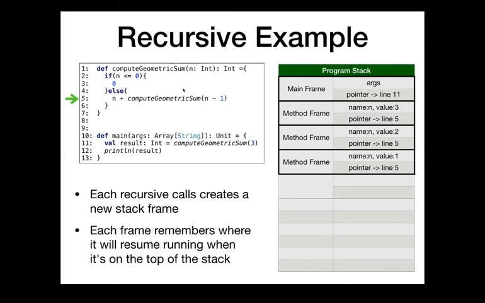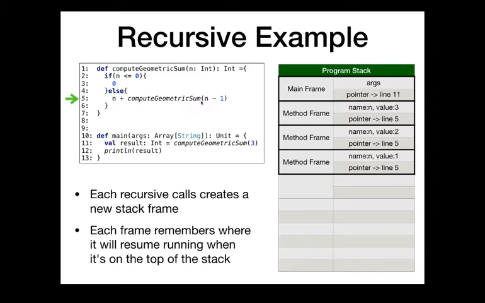This stack frame started here, checked the base case, n was 3, false, hit the recursive case, hit this recursive call of compute geometric sum, called that, put a new frame on the stack for that call, and execution moved to this stack frame, and this frame is remembering: I'm waiting on line 5, specifically waiting for compute geometric sum of n minus 1 to resolve, so it can get on with its execution.